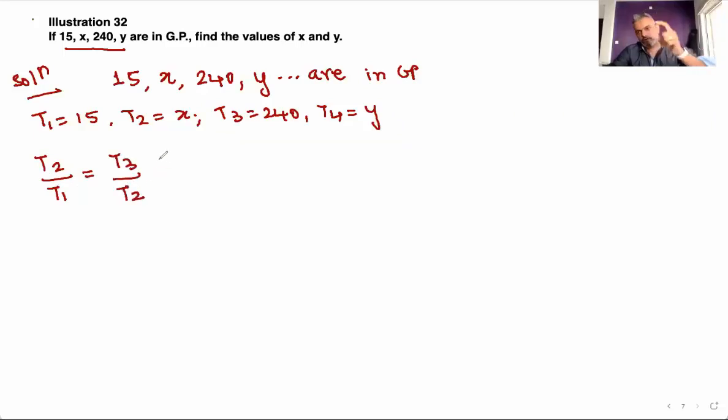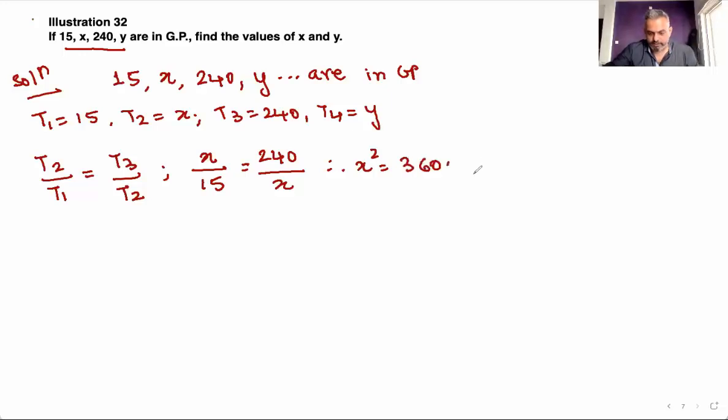First we will solve this and find the value of x. So T2 is x upon 15 is equal to 240 upon x. Now x square is equal to 240 into 15, which is equal to 3600.